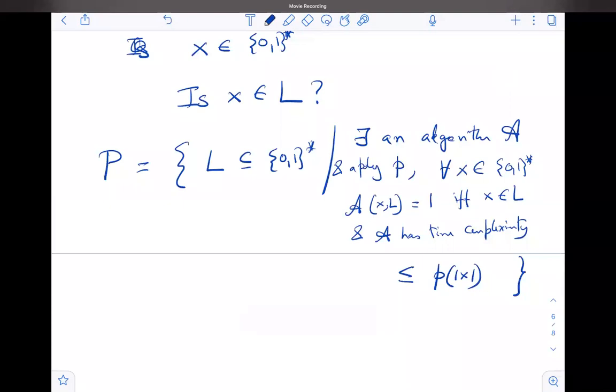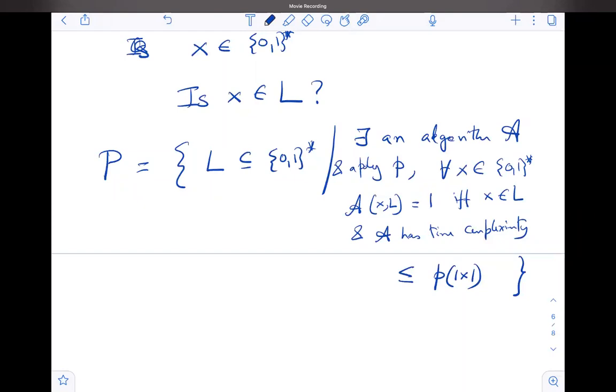Yes, we can do a binary search. It will be off by a little bit, but not by more than a polynomial factor.